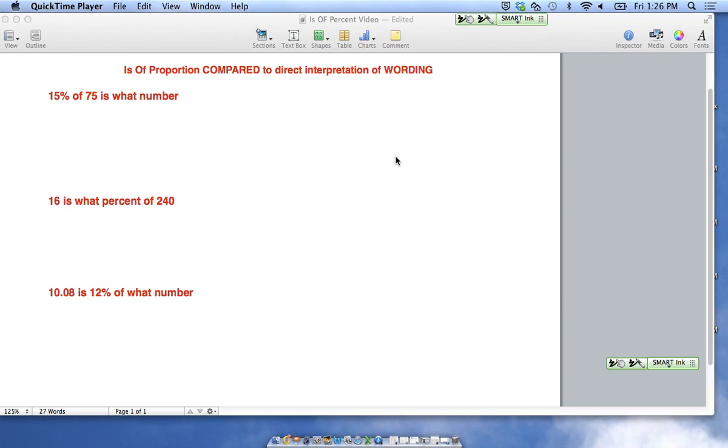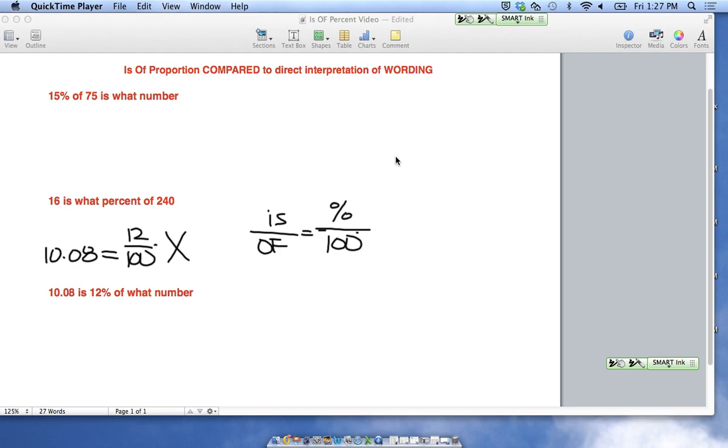$10.08 is 12% of what number? So direct interpretation, 10.08 is 12% of what number? We can solve that for x, or we can set this up into proportions. 10.08 is associated with the word "is."